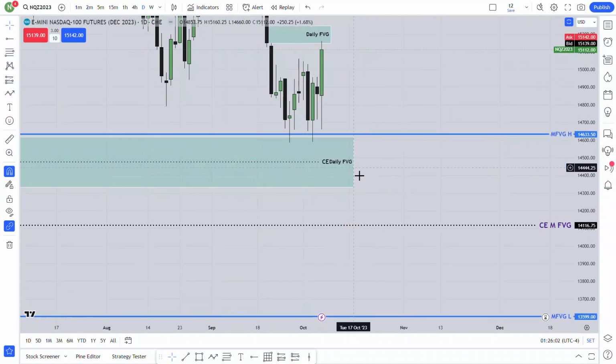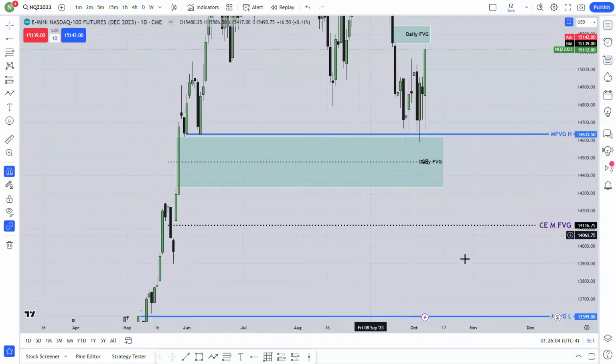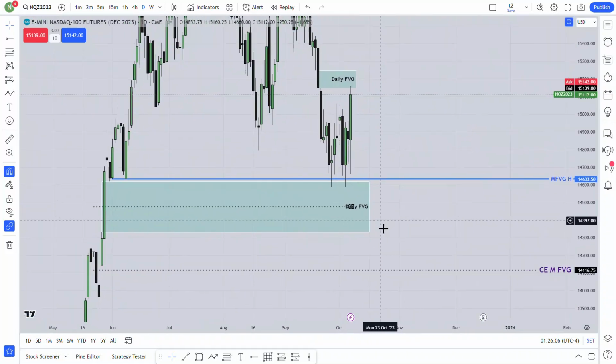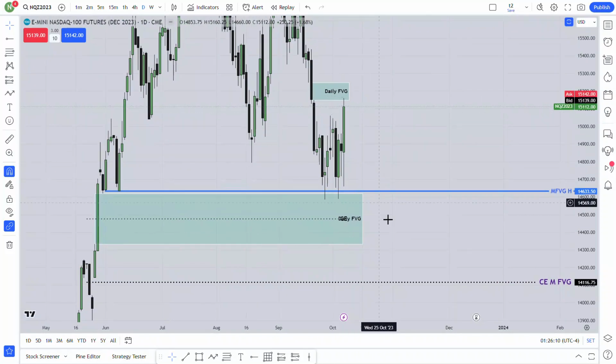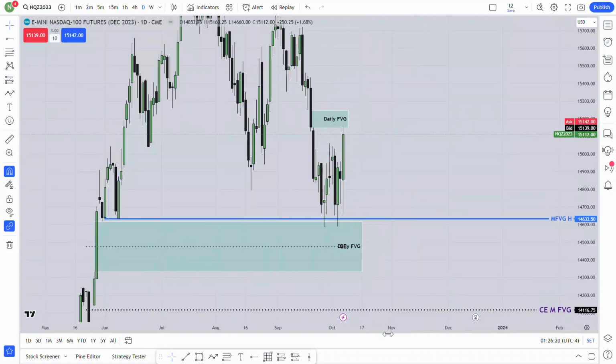This is the daily fair value gap as well. There is the relatively equal low, so the market can just retrace from there. But before retracing, I would like to see it trade this daily fair value gap clearly, then it will go lower. That is my expectation.